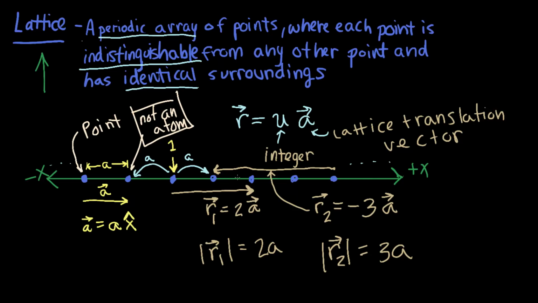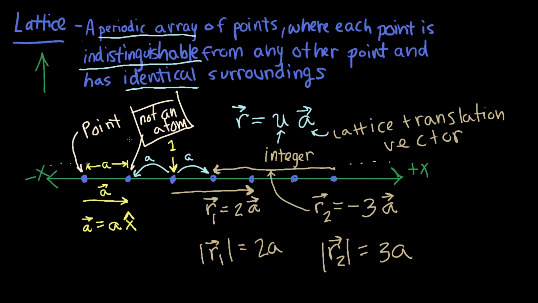This is a very critical distinction to make. These are simply points, mathematical constructs with no volume or mass. They don't have any protons or electrons or neutrons.